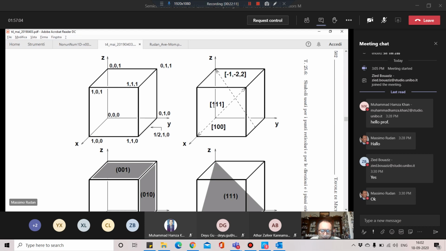So you have [1, 1, 1] in square brackets. So the direction that I'm pointing with the mouse that goes from the origin to the opposite vertex of the cube is [1, 1, 1].